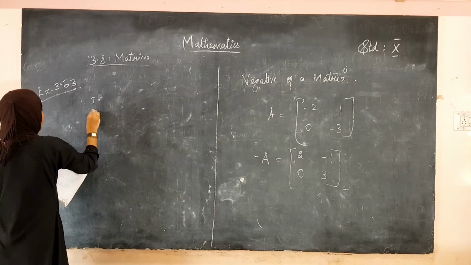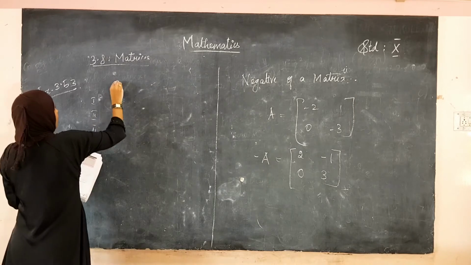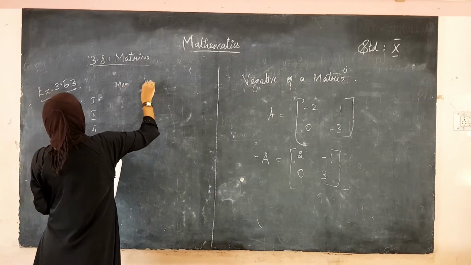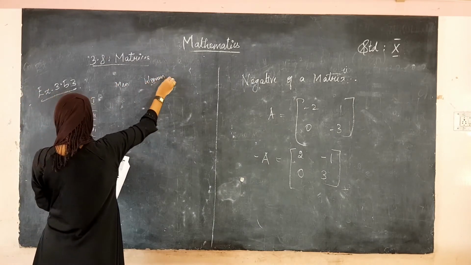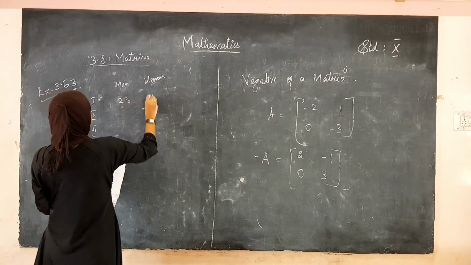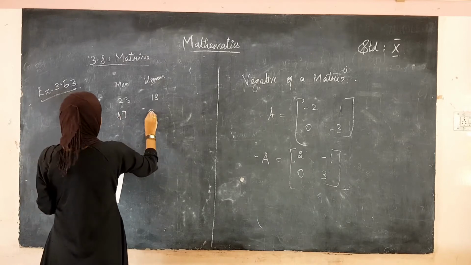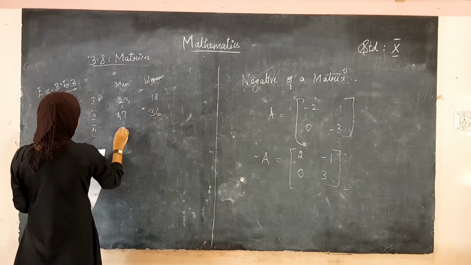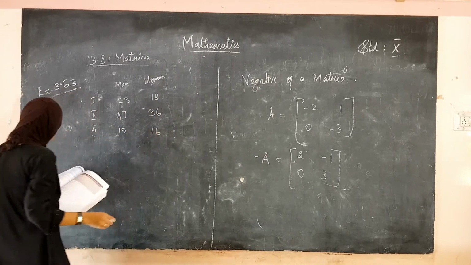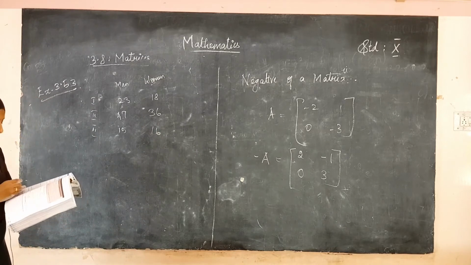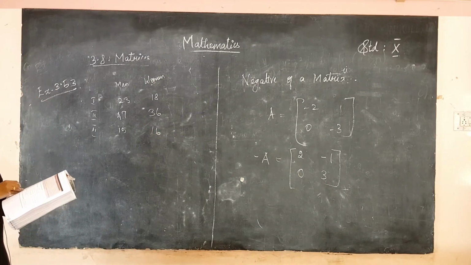Factory 1, 2, 3. These are the men workers and these are the women workers: 23, 18, 47, 36, 15 and then 16. Represent the above information in the form of a matrix. What is the entry in the second row and first column?